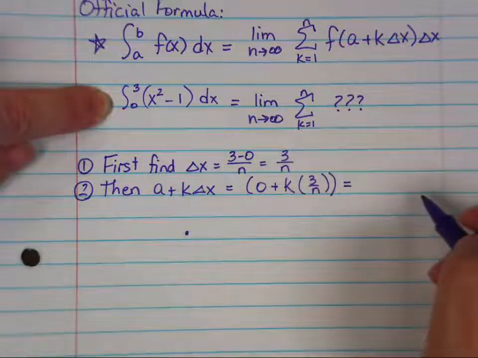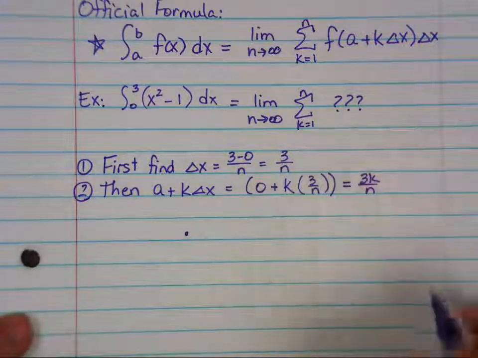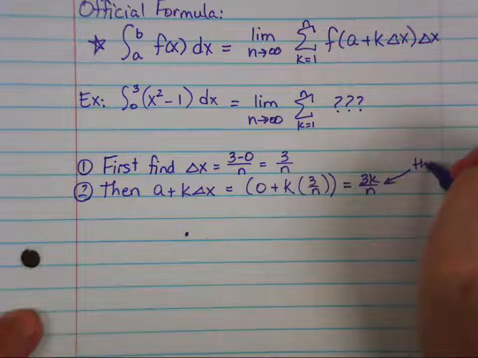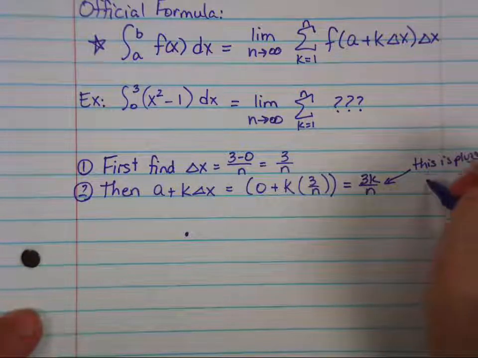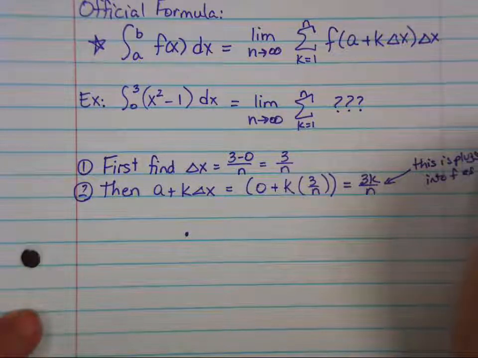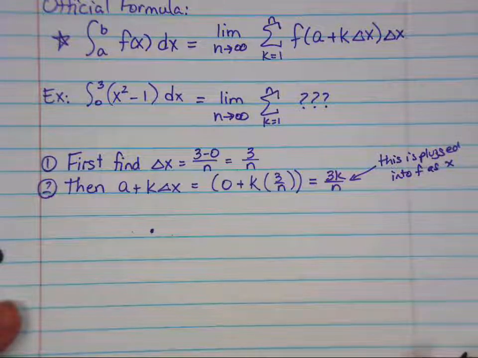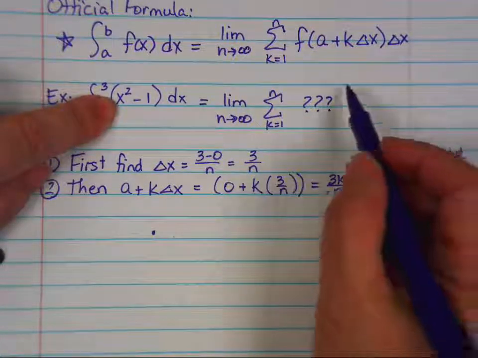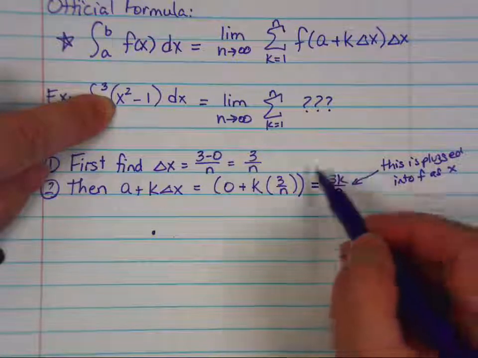Clean it up. So K times 3 over N is 3K over N. This, put an arrow, this is plugged into F as X. That is what is going to go into the function as X. So the right side of this sum is going to be something that looks like this, but X is not going to be X, it's going to be this fraction right here.